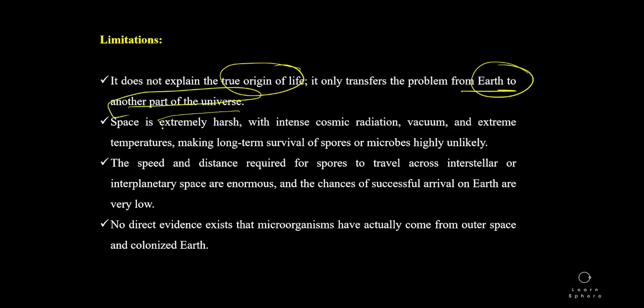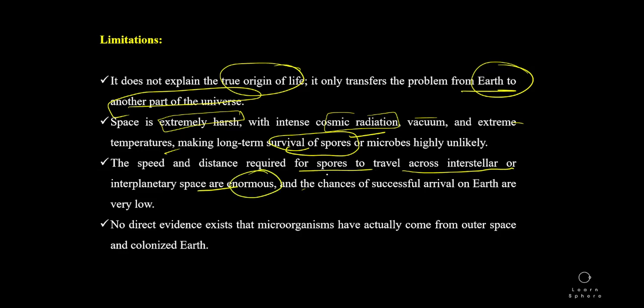Space is extremely harsh with intense cosmic radiation, vacuum, and extreme temperature, making long-term survival of spores almost impossible. Speed and distance required for spores to travel across interstellar or interplanetary space are enormous or impossible to cover. Okay, no scientific evidence was there, so it was also rejected.